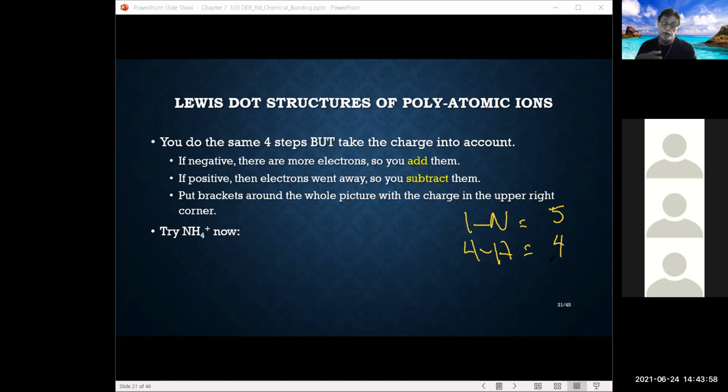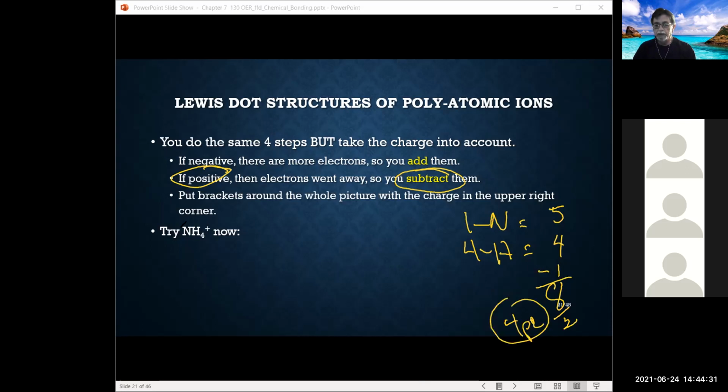Now if we were to stop here and we add this number, we end up with 9, which is an odd number, which should be a flag to tell you, I got to do something. You're going to subtract or add. Now, as stated up here, it's a positive cation, a positive ion. So we need to subtract from that number that we come up with. And so we end up with 8 valence electrons or 4 pair.